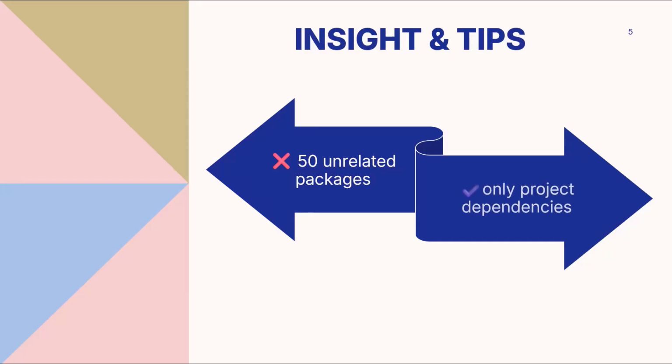It's always a good practice to maintain only project-level dependencies in your requirements.txt file. So always try to have a clean virtual environment with isolated dependencies, which can help build reproducible builds.